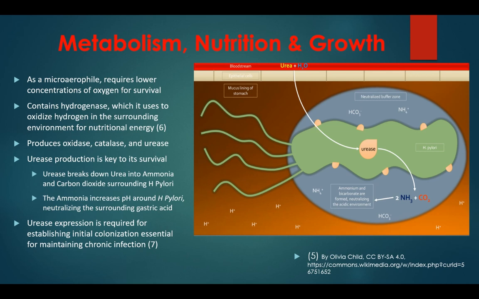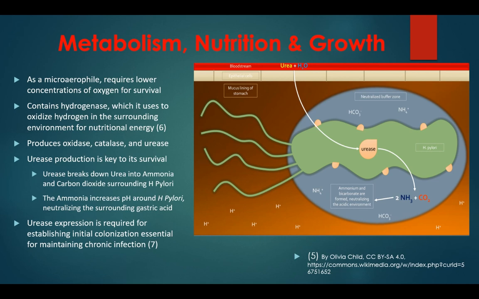There are a number of features that allow this bacteria to survive and thrive in stomachs. It's microaerophilic, so within the stomach it only needs a little bit of oxygen, and it contains hydrogenase, which it uses to oxidize hydrogen in the surrounding environment to get its nutritional energy. It also produces oxidase, catalase, and urease.